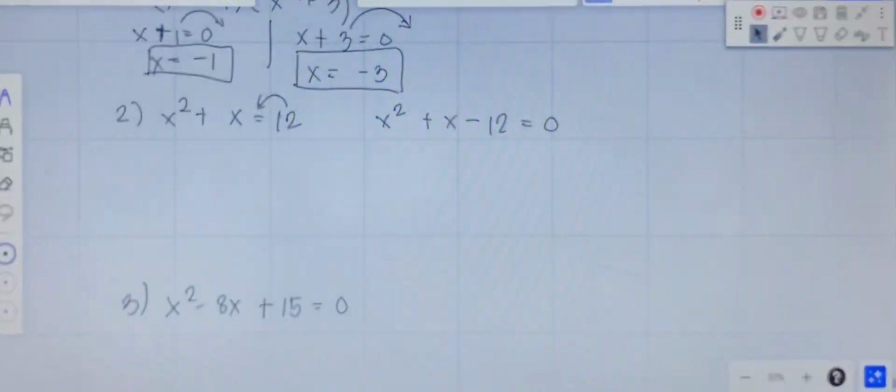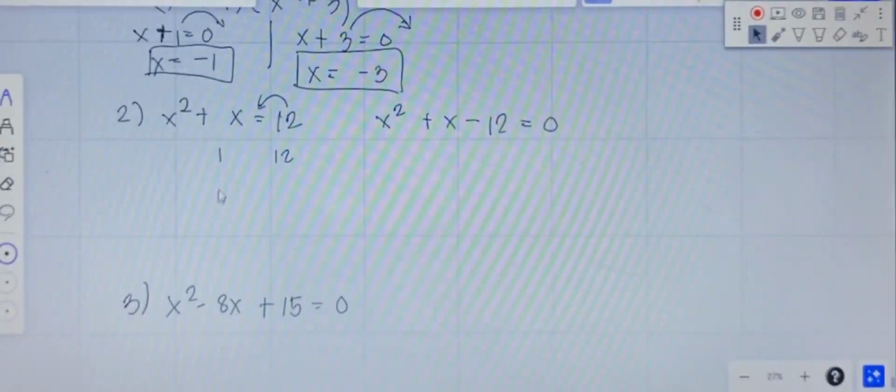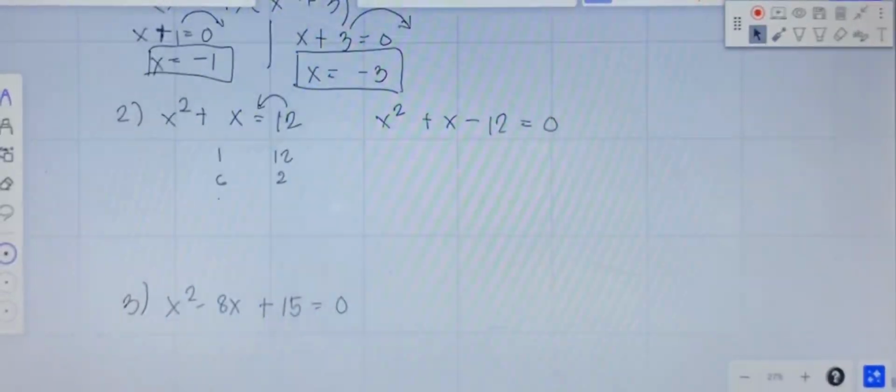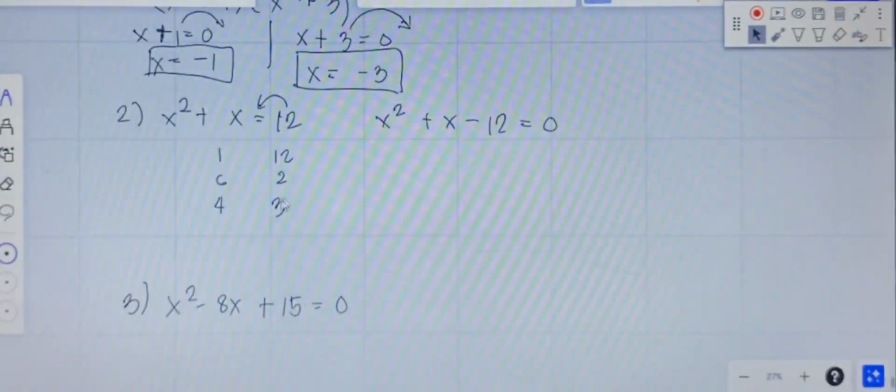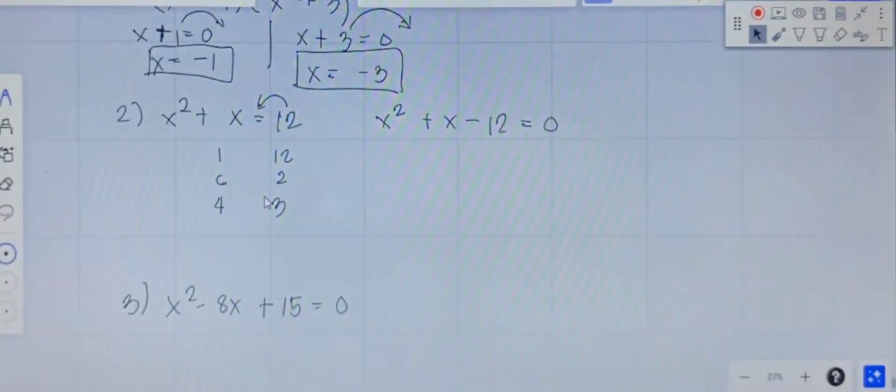So we have 1 and 12. 1 times 12 is 12. The other option is 6 times 2. If you multiply them, it's 12. And the last one would be 4 and 3. 4 times 3 is 12. Now, we're looking for a pair wherein if we multiply them together, we're going to get 12. And if we add or subtract, we're going to get a positive x.